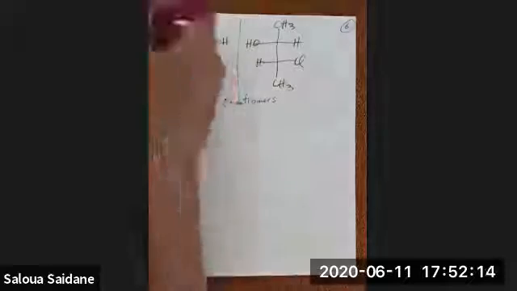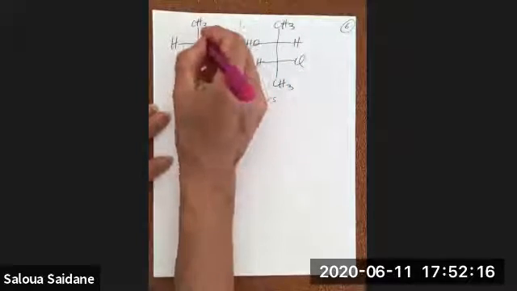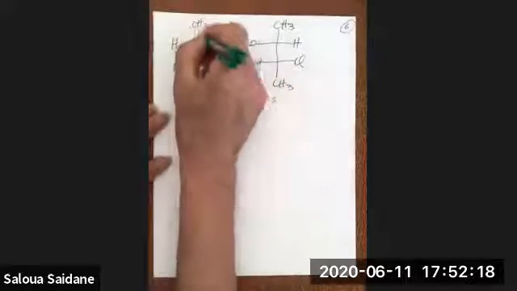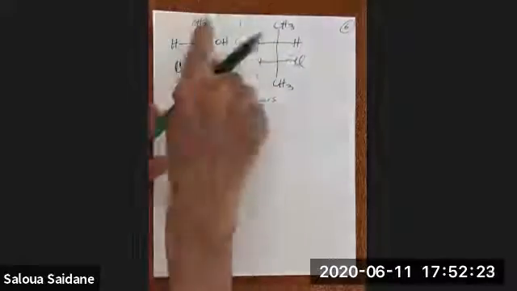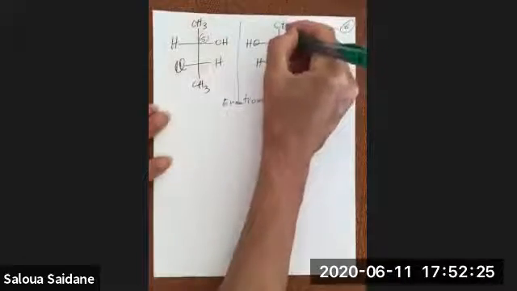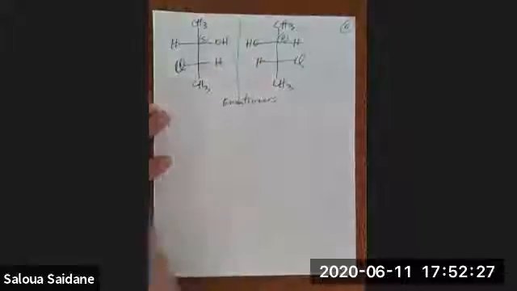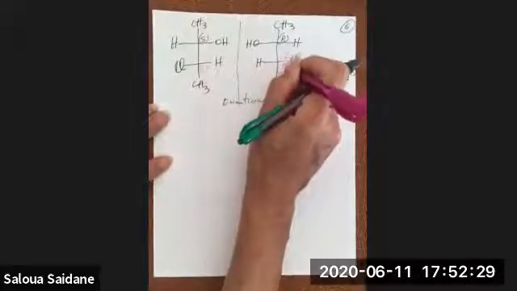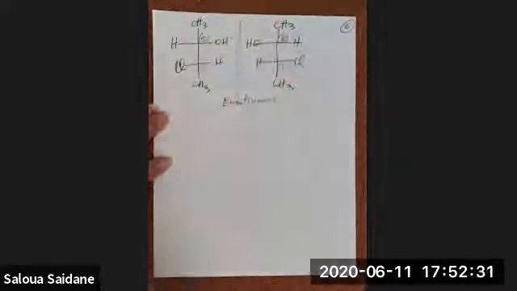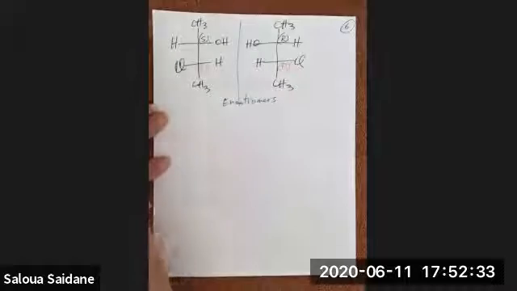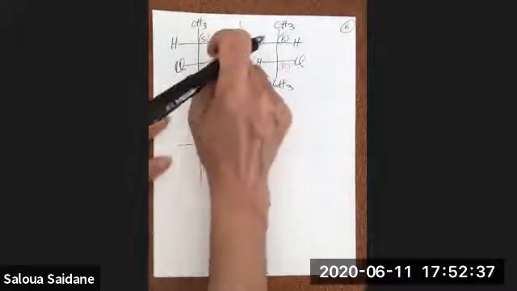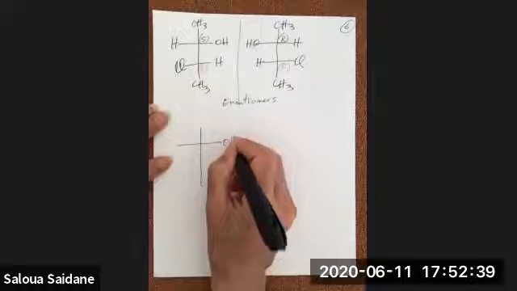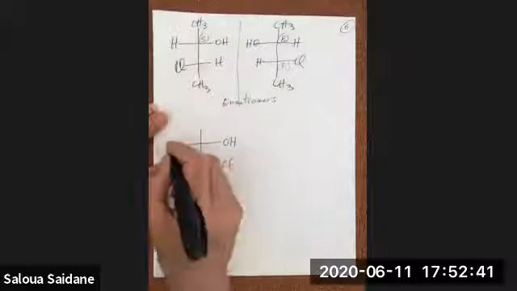So we already know that this is S, and this is R, S. So automatically the mirror image would be R and R for sure. The image would be the opposite. And then what we can do is we keep this the same, but we put the Cl on this side.